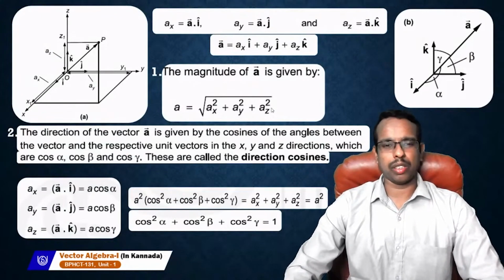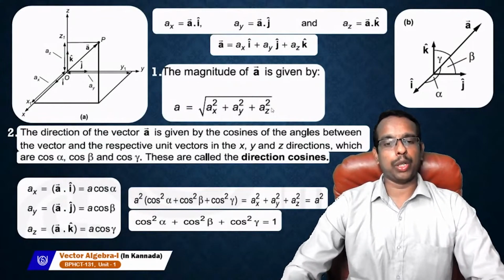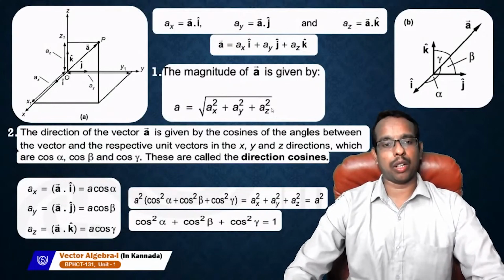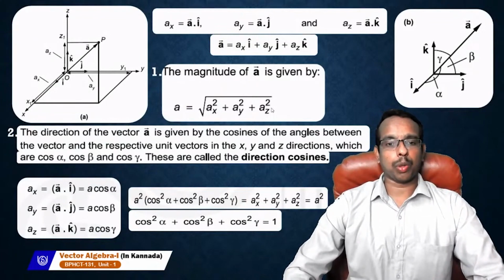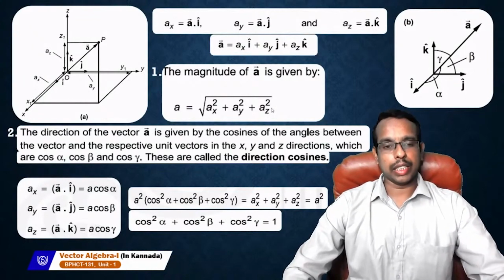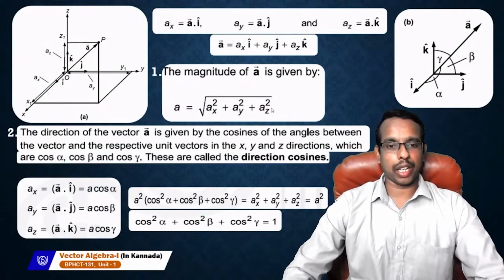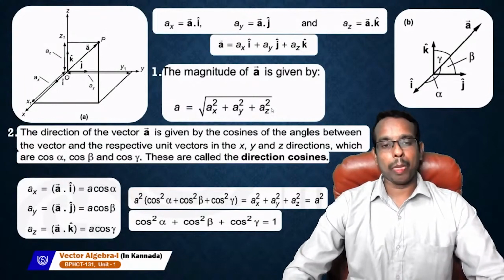If you draw a line from point P to the z axis, and from point P to the x axis, that means drawing the line in a sense, just representing its projection. So when you project the vector's line along the x-axis, y-axis, and z-axis, the lengths are nothing but ax, ay, and az, and the angles these form are alpha, beta, and gamma.